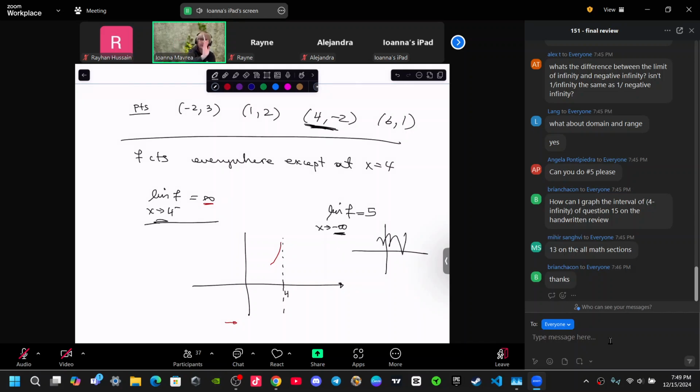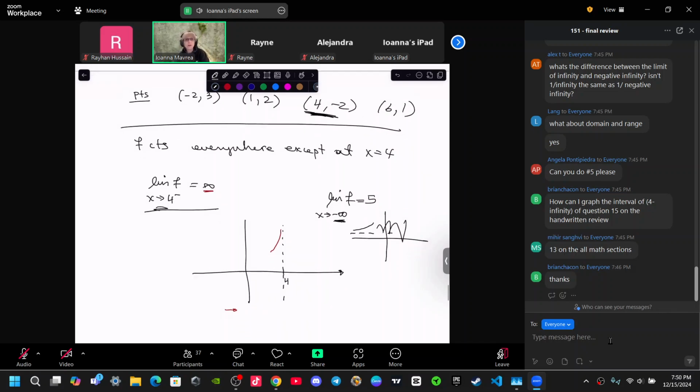Eventually, on the left side, when it settles with the weird stuff, it settles to a height of 5, either from above or from below. That means you have a horizontal asymptote on the left side. The graph settles at this horizontal line.